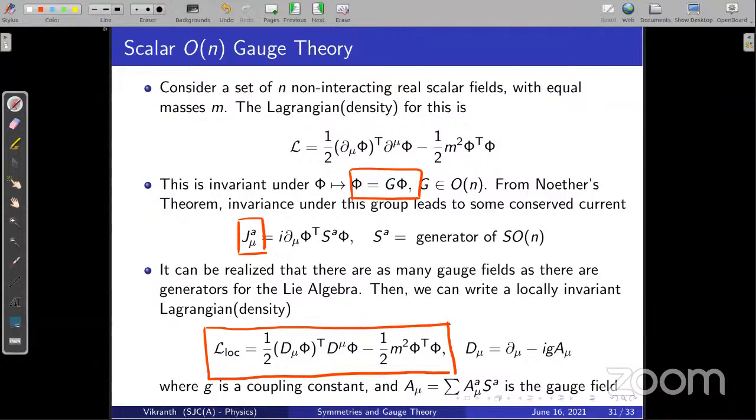Or in other words, if you have an invariant field, what exactly is being conserved? It's the study of that. And there's a coupling constant G here, so that tells us how these things interact with each other. If I apply a transformation at one point, how does it affect some faraway point?